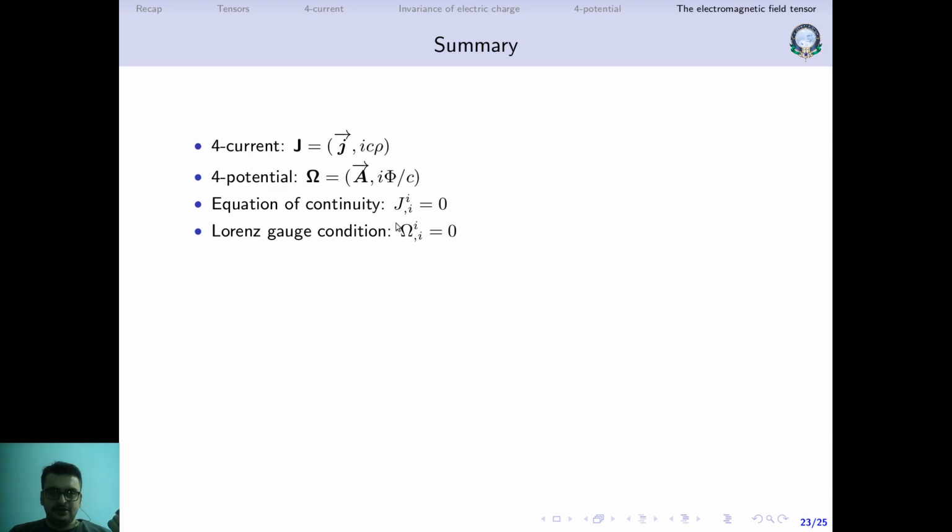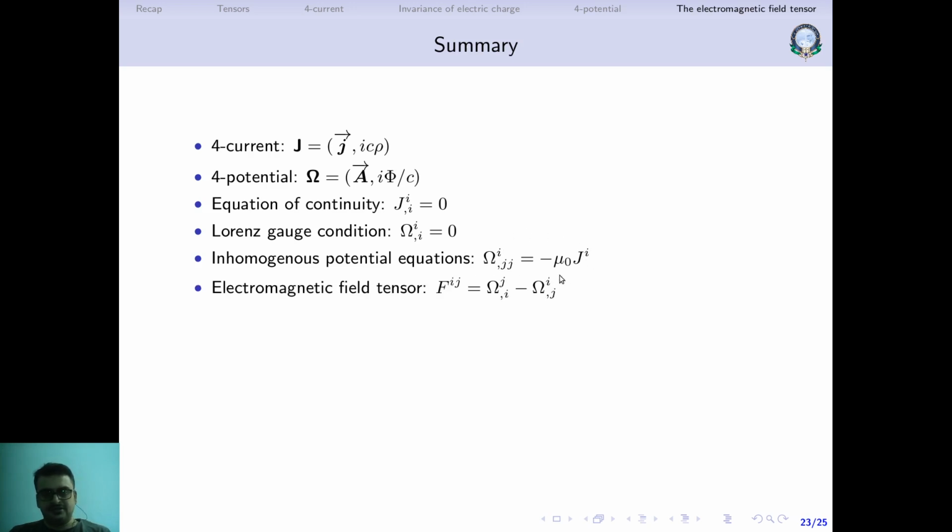Omega is defined this way, omega i comma i will give us the Lorentz gauge condition. The inhomogeneous potential equations can be written like this: omega i comma j j is equal to minus mu naught j i. This is the inhomogeneous potential equations, which contains all the information from Maxwell's equations.